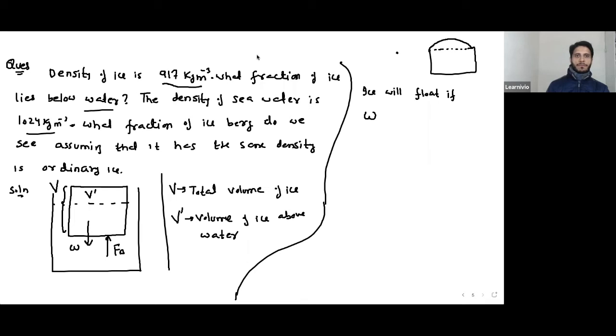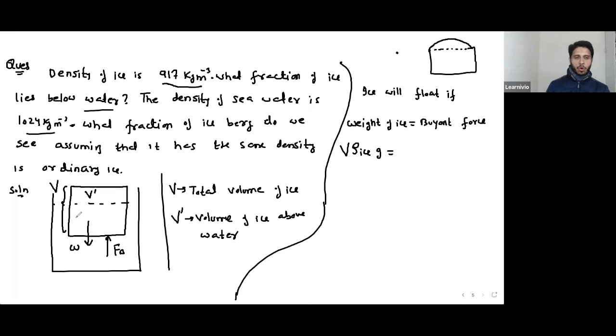So I should write, if weight of ice is equal to buoyant force. Weight of ice is volume of ice multiplied by the density of ice multiplied by G. Buoyant force is volume of liquid displaced.